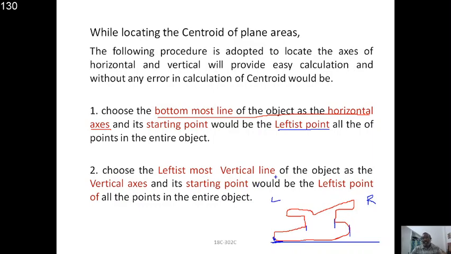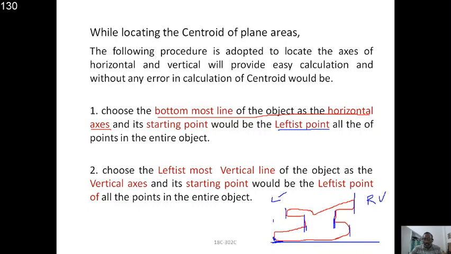And for the vertical axis, choose the leftmost vertical line of the object as the vertical axis. Now I said this is the right-hand side and this is the left-hand side. So this is a right side vertical line, this is the right side, this is the right side, and some more left.